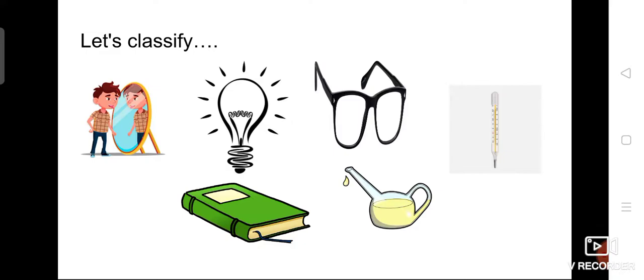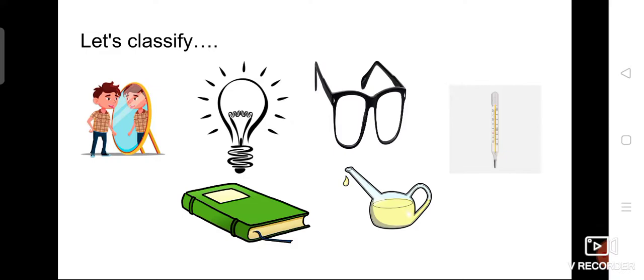So it is opaque. Sometimes even on our floor we can see our image. Have you noticed? Because of the polished floor, the light is reflecting back, so we can see our own image. So the mirror is not transparent, it is an opaque object.